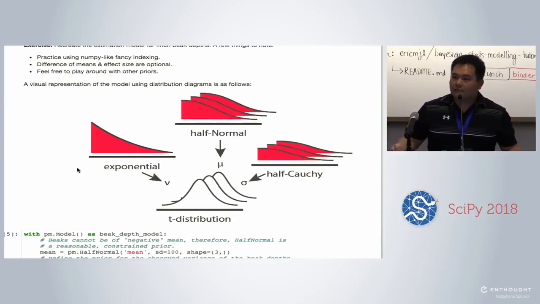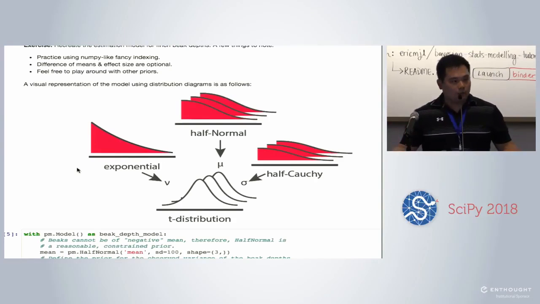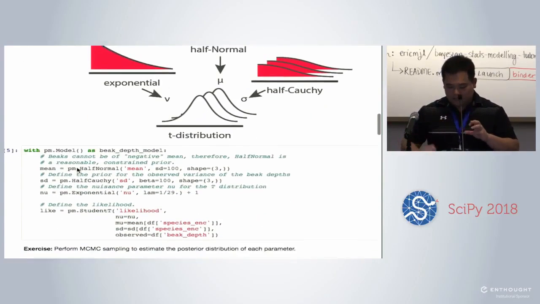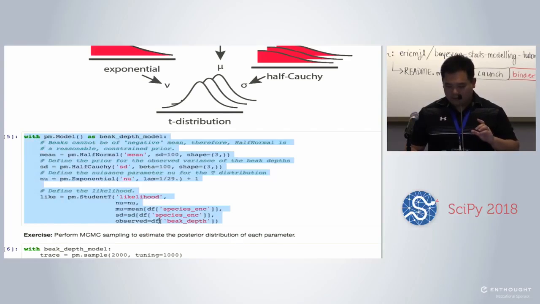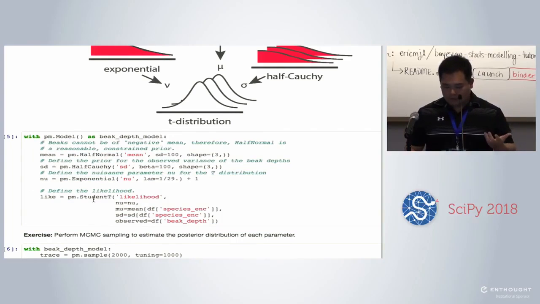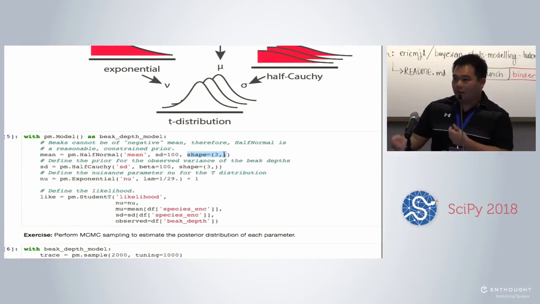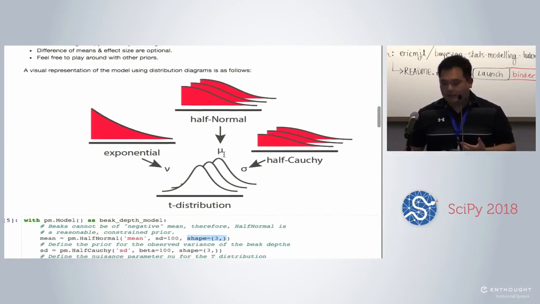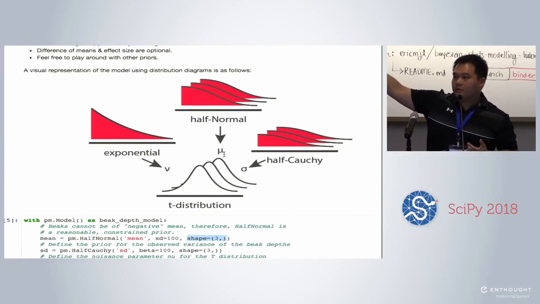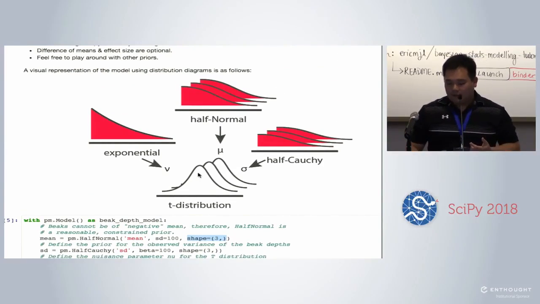You can take advantage of NumPy-like fancy indexing, which Theano provides, to very concisely specify a model. So that exact same model that we wrote earlier can actually be specified in 1, 2, 3, 4 distributions, taking advantage of this shape keyword argument. Now, this shape keyword argument can get a little confusing, so I always find it useful to draw it out for myself first. I'm saying that I have 3 t distributions.